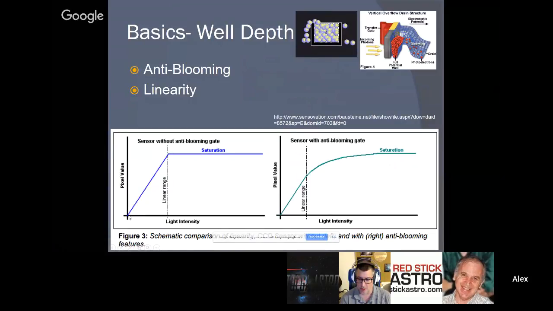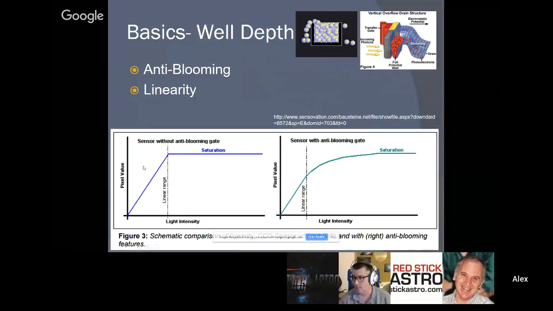If you're down at the zero point here, no exposure, no pixel value, no light intensity. Then every step that you increase light intensity, there's a direct linear response. See, it's a line, therefore it's linear. Every increase in light gives you some predictable increase in pixel value.